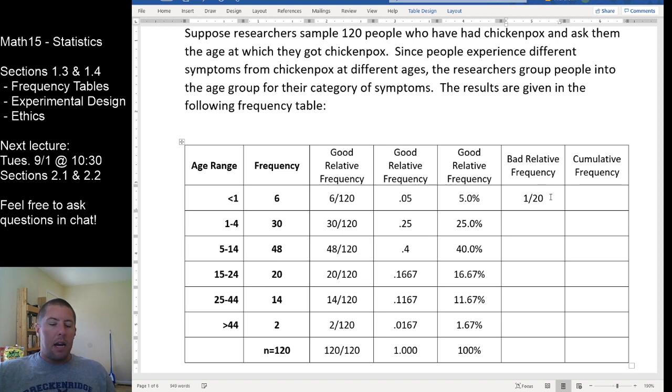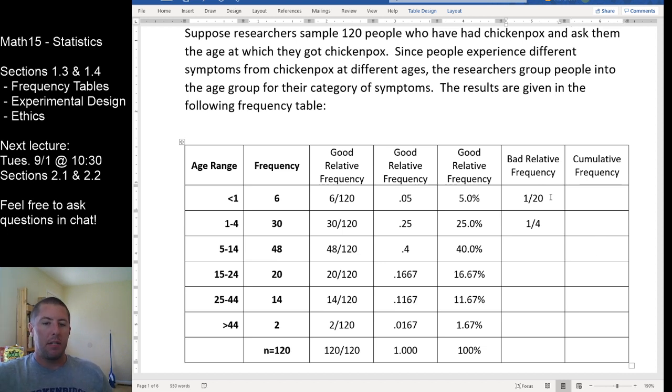So the problem with this is that on the one hand, individually, it's completely correct for you to say something like 1 in 20 people that we sampled experienced chickenpox under the age of 1. Completely factual, correct statement. The problem is it gets a lot more difficult to compare. I hate it when it does this. Just leave it as 1 over 4, please. Thank you. 1 out of 4.